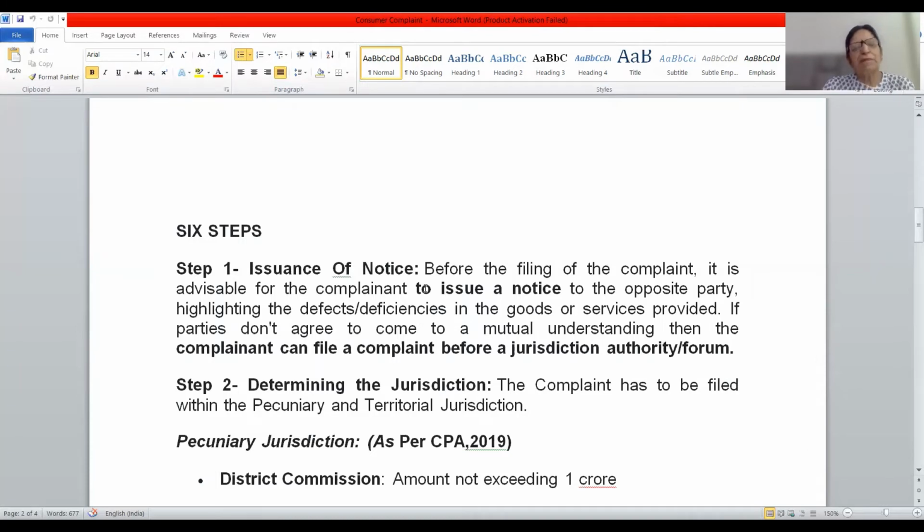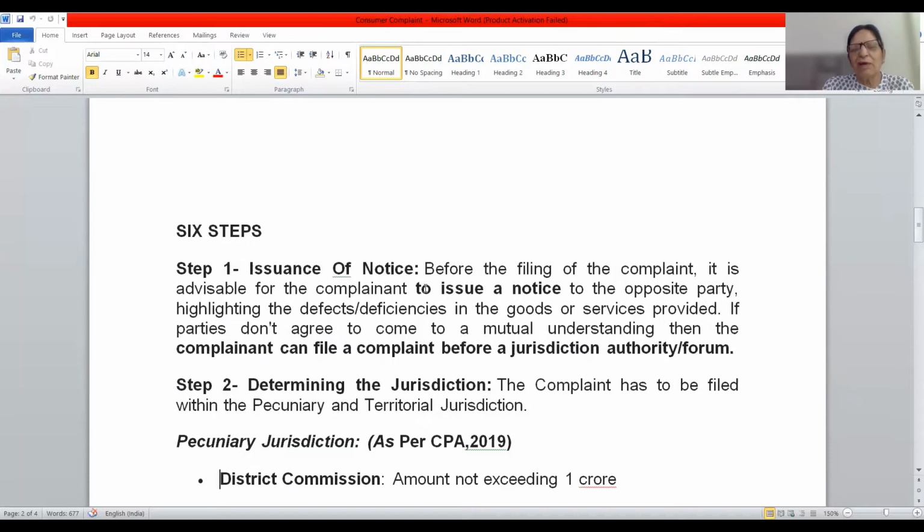The very first step, friends, step number 1, is issuance of notice. When the consumer is not satisfied with the product or service, and has found some deficiencies or defects in the goods or services, then the complainant consumer will have to issue a notice to the opposite party.